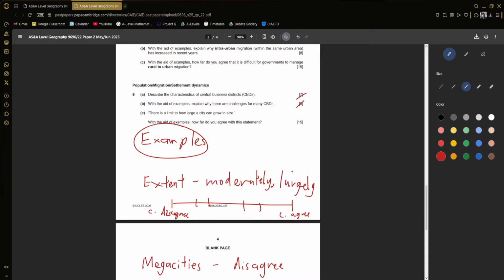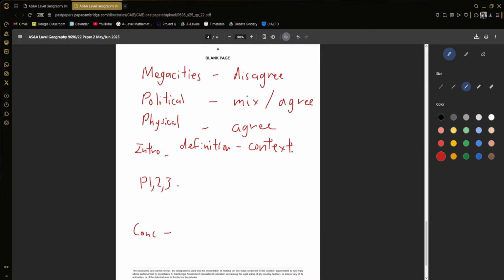However, in certain cities, like megacities such as Rio de Janeiro or Mumbai, you can see how these cities have continually grown, and therefore there has been no limit. So there's context providing an explanation of both sides and the points that you're going to bring up.